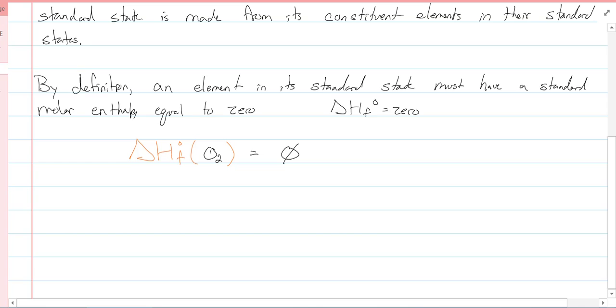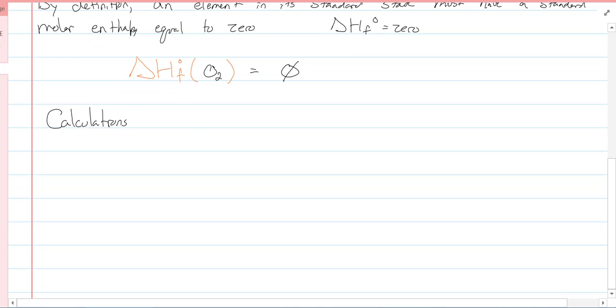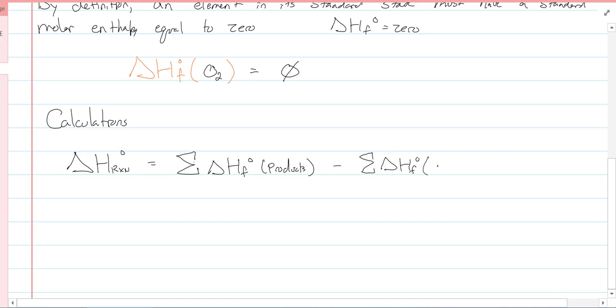For calculations, we have the standard enthalpy change for a reaction is equal to the sum, and this is a Greek letter sigma for sum, of the standard enthalpy changes of the products minus the sum, the standard enthalpies of formation of the reactants.